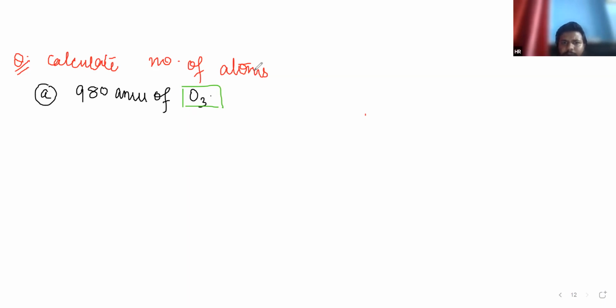Can you do this or not? Azza, Arsalan. Azza, calculate the number of atoms. Can you do this? This is very bad.